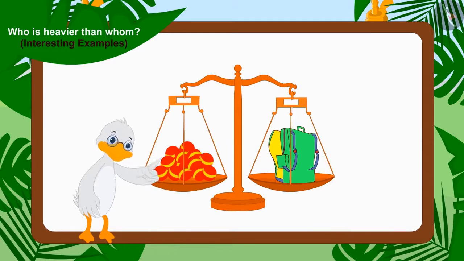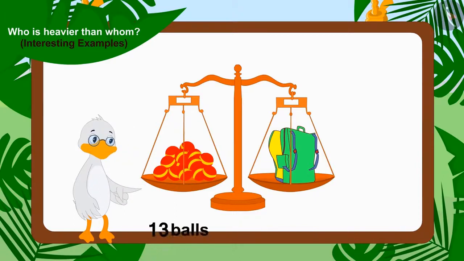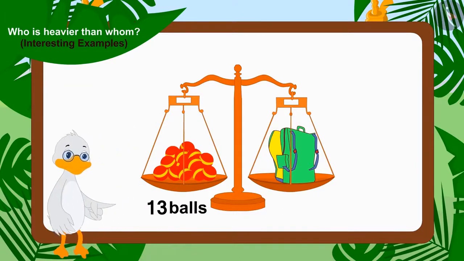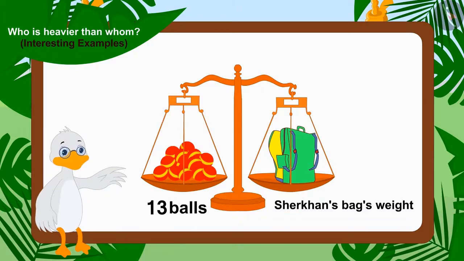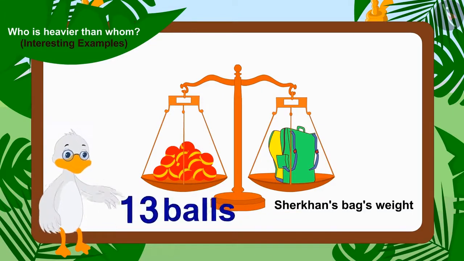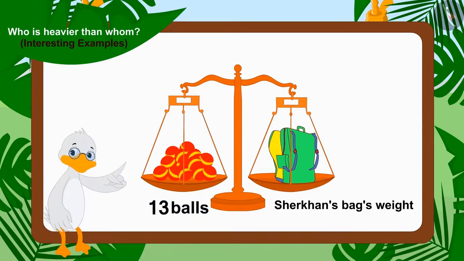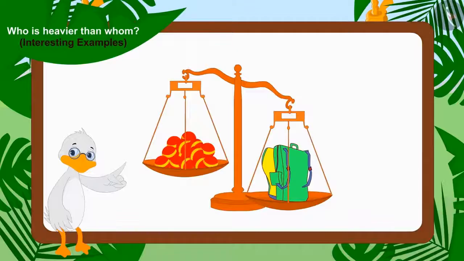When Uncle counted those balls, he found that there were 13 balls in the plate. Do you know what this means? It means that the weight of 13 balls equals Sher Khan's bag's weight.